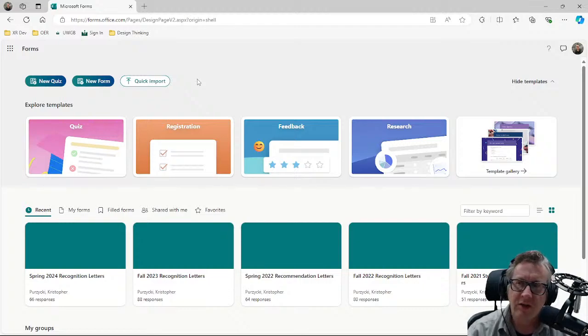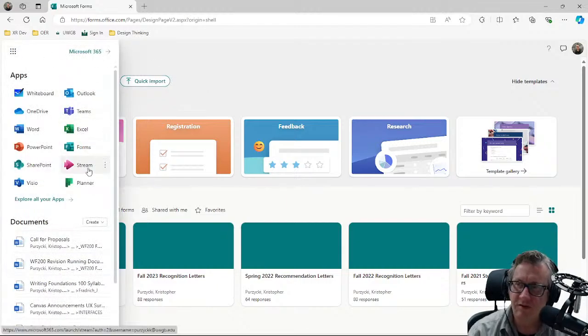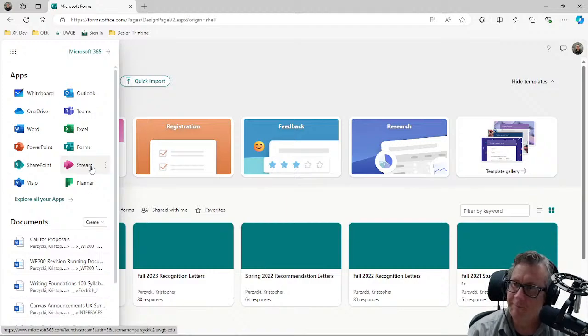But I don't know about Forms, and that would be a question worth asking. The one I'm thinking of is Stream. I believe that is not secured, or at least it wasn't back in 2019, 2020. So that's a while ago, so that may have changed. All right.